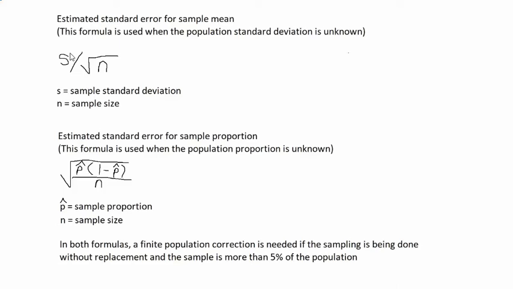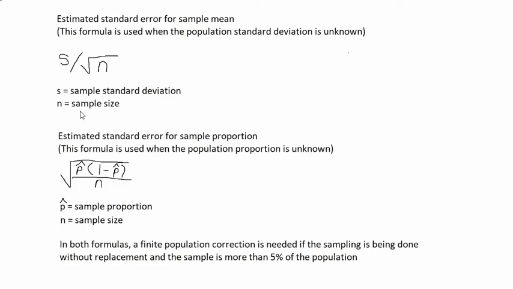You calculate the sample version of that statistic and use it as a substitute, because the sample version is basically the next best thing. So here, the sample standard deviation is the next best thing when the population standard deviation is unknown.